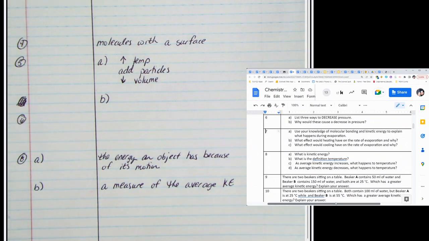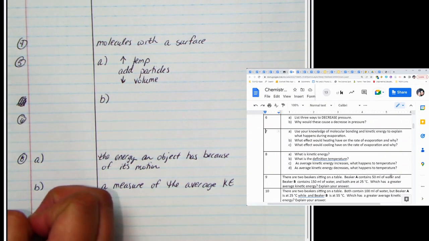So if the average kinetic energy increases, what is going to happen to temperature? Temperature will increase. The more average kinetic energy you have, the higher your temperature goes. On the other hand, as average kinetic energy decreases, temperature also decreases.